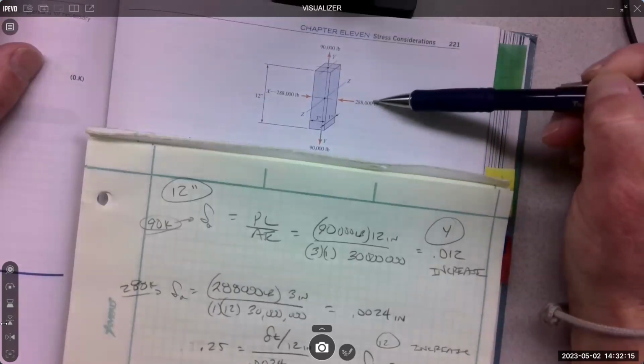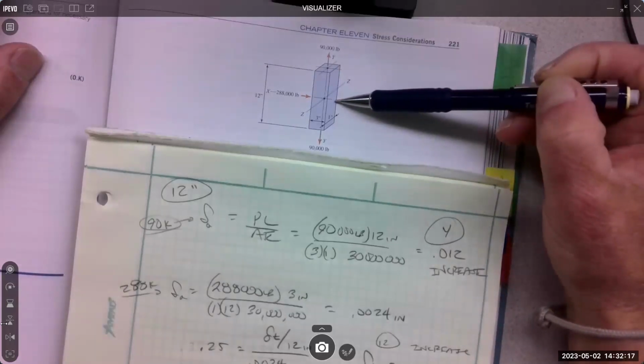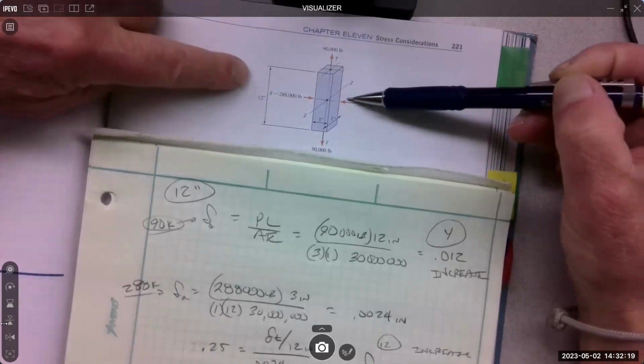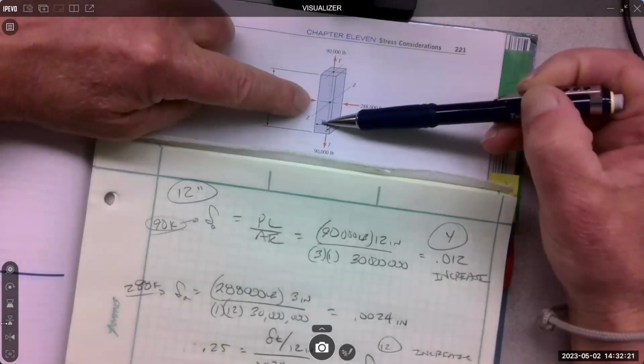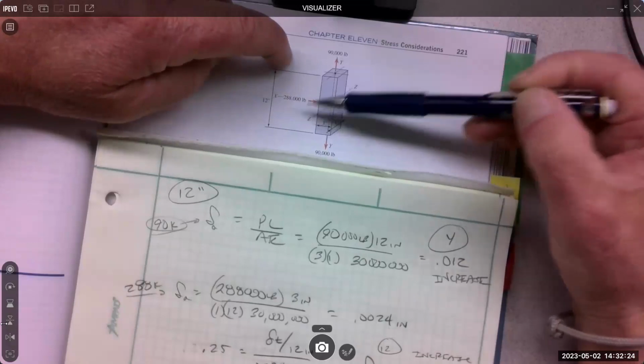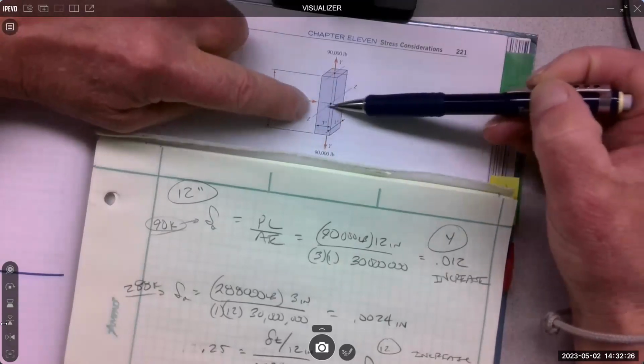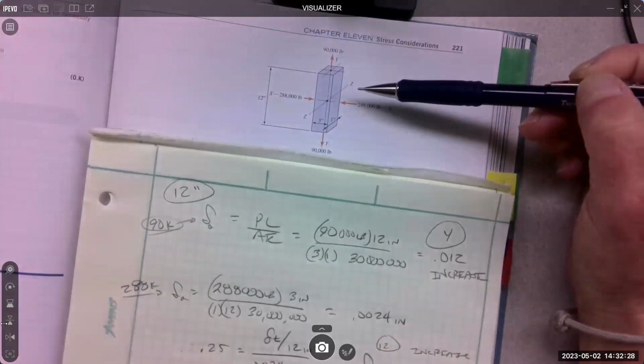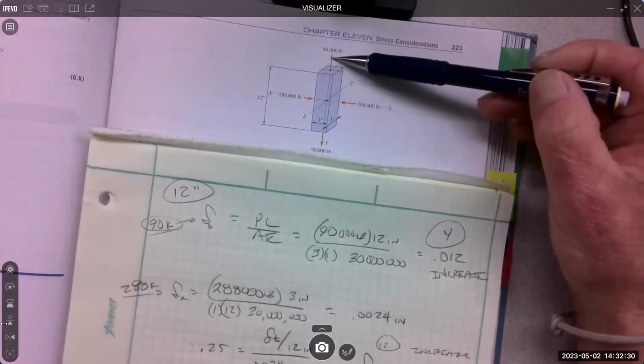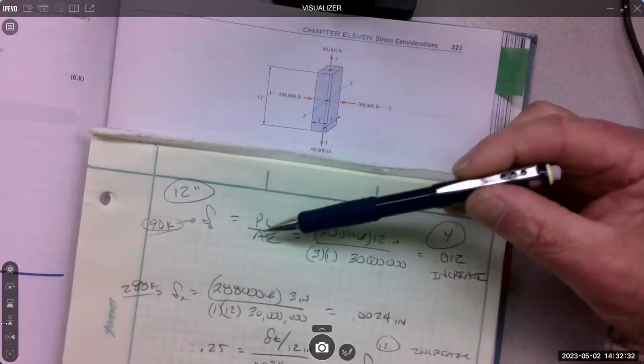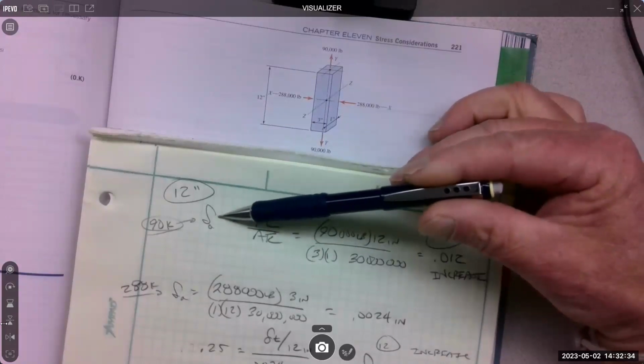This 288,000 pound load is going to squish this dimension. The 3 gets smaller, but the 12 gets bigger, because it's going to squish it out like a pancake. So I can do this one very easily with just PL over AE to get that dimensional change.